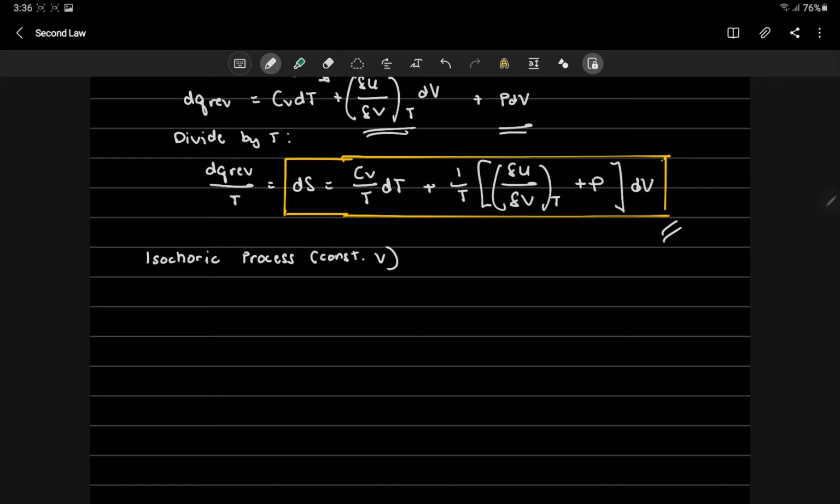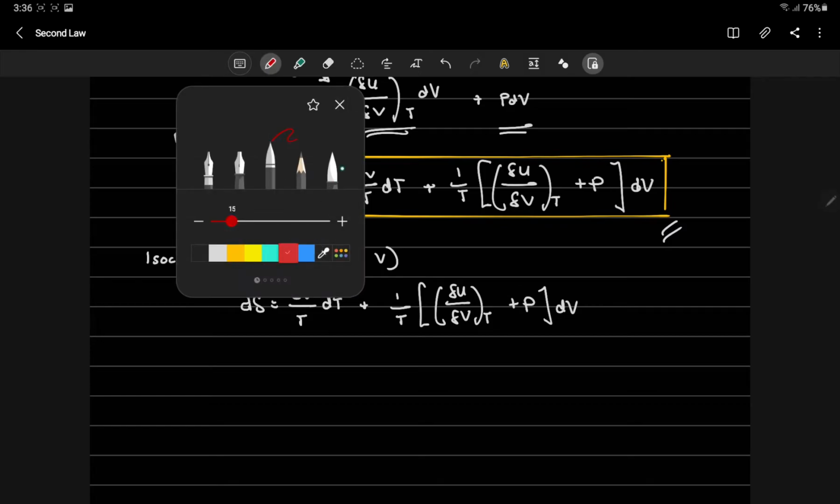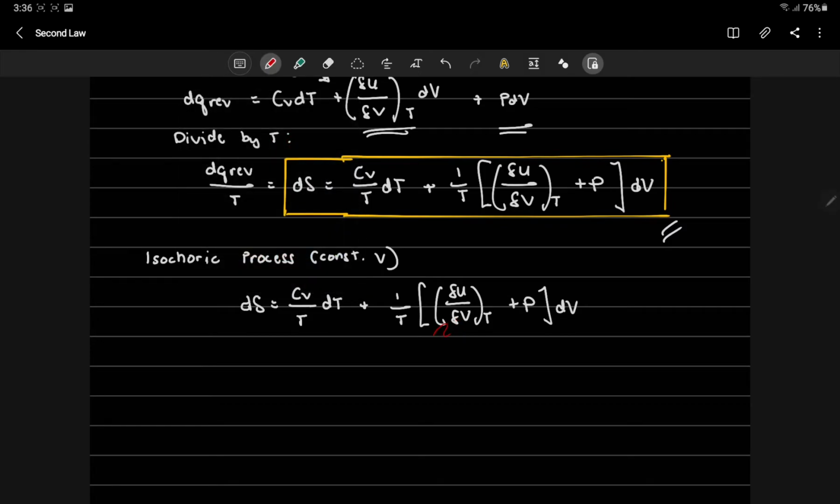So ang gagawin ko, let me just rewrite that general equation. There you go. Since isochoric yung process natin, dV or change in volume is 0. So mawawala na agad yung buong term na ito na mayroong dV. Okay? So what will happen then?